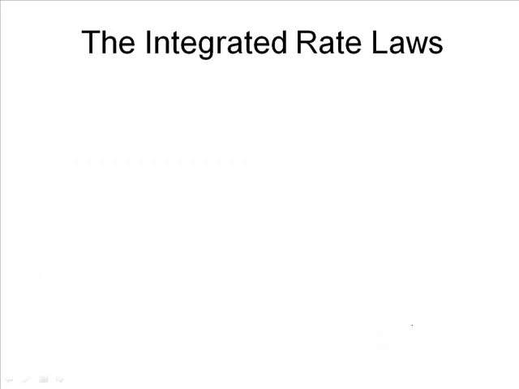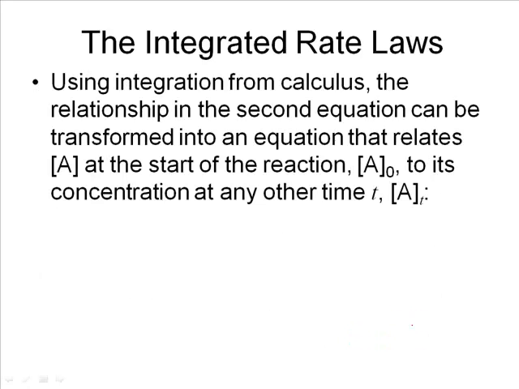at any given point. Now, we actually don't have to do this, but if you use integration from calculus, the relationship in the second equation can be transformed into an equation that relates the concentration of A at the start of the reaction to any time during that reaction.